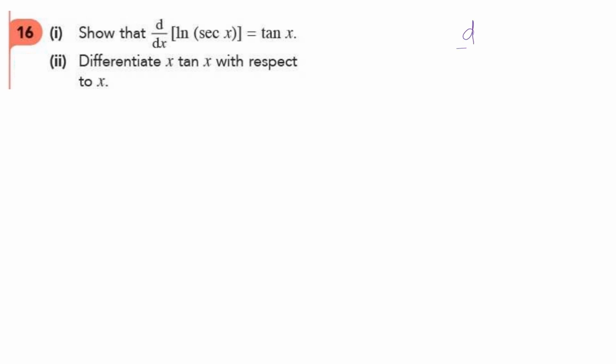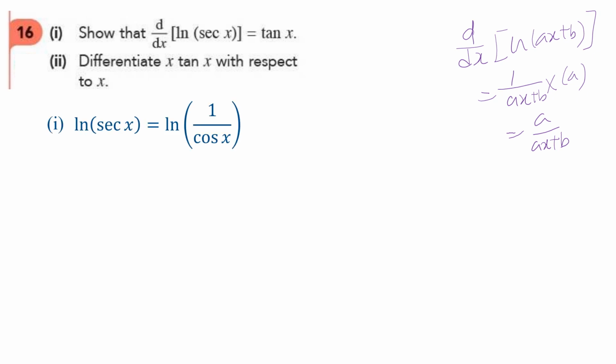If you recall how we do differentiation, differentiate ln bracket ax plus b, that gives you 1 over ax plus b, then times the differentiation of ax plus b, which is a. So we're going to differentiate ln secant x. Change your secant x to be 1 over cos x, easier.